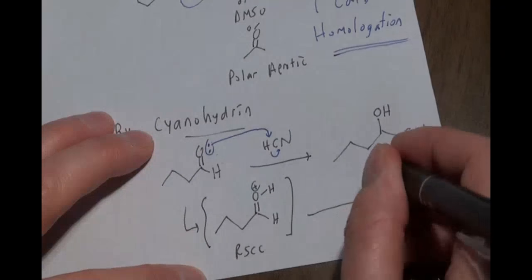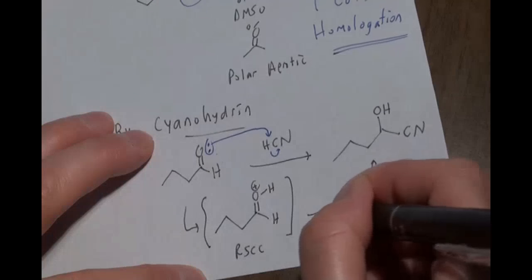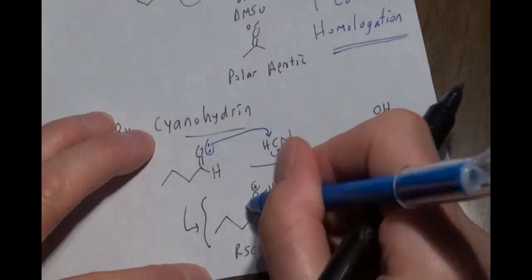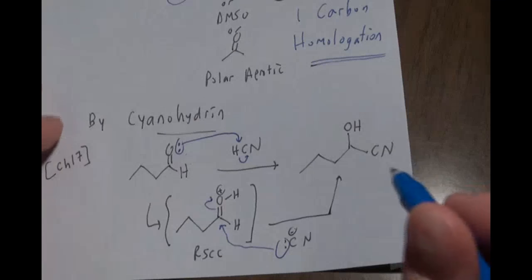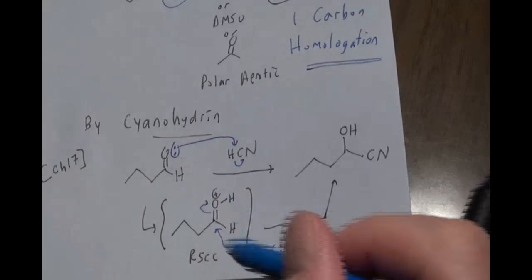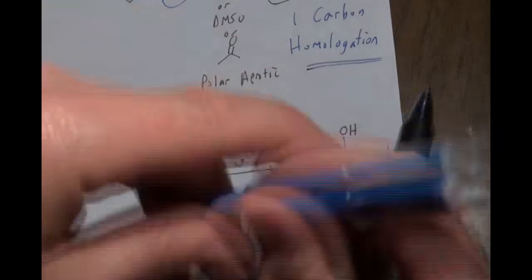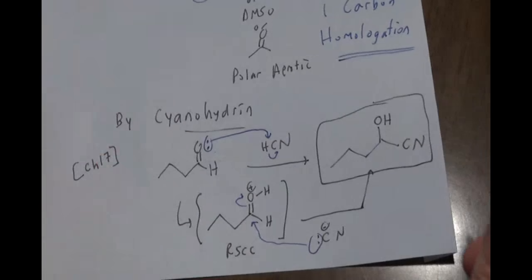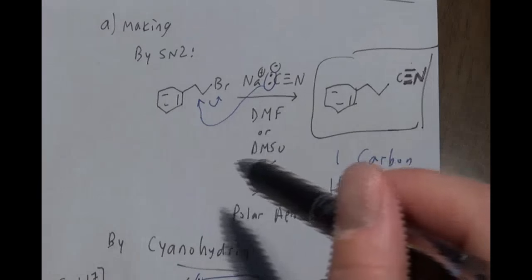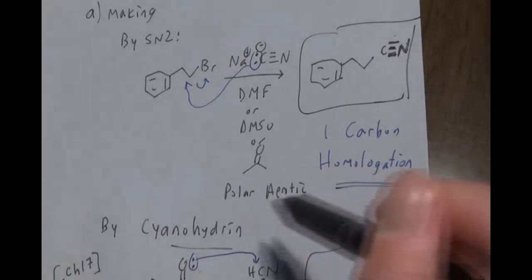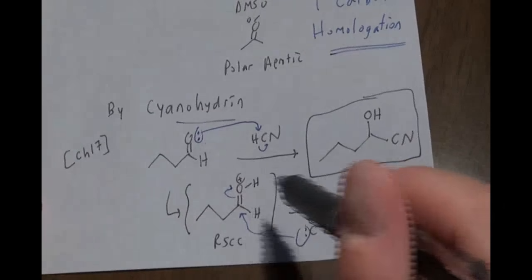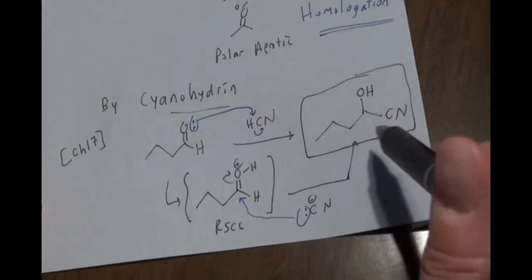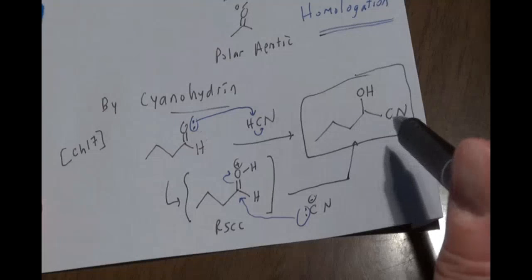But then CN minus just attacks. So that's a really straightforward mechanism to convert a ketone or aldehyde to this thing called a cyanohydrin. Okay, so we know we got the SN2 method to make nitriles. We have the cyanohydrin method to also make nitriles. It's a nitrile connected to an alcohol.